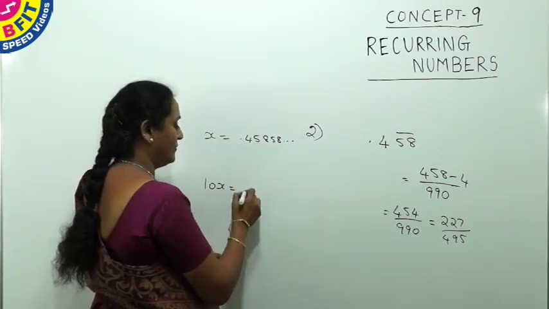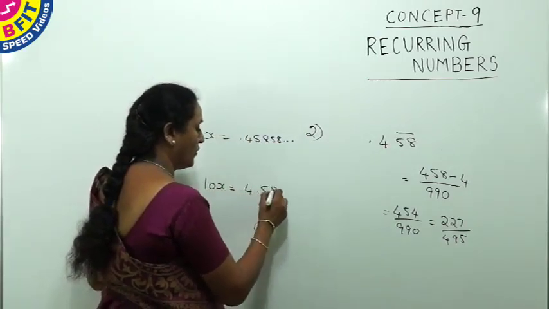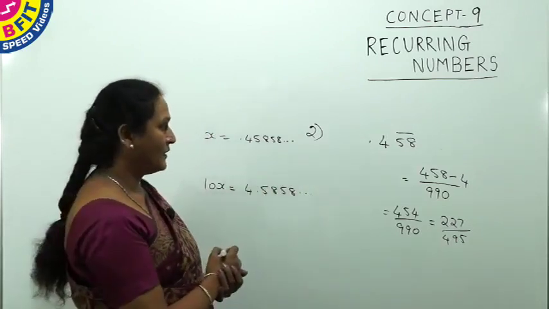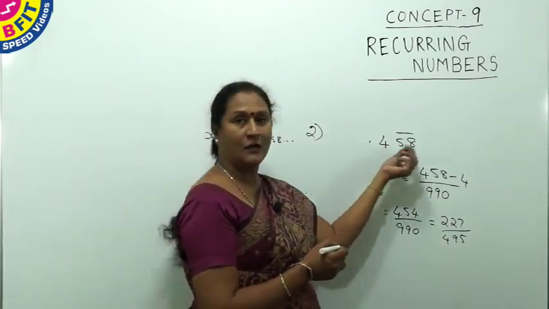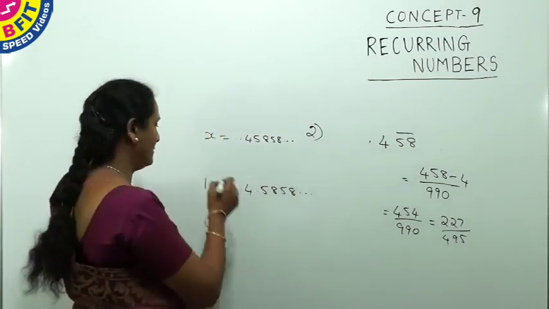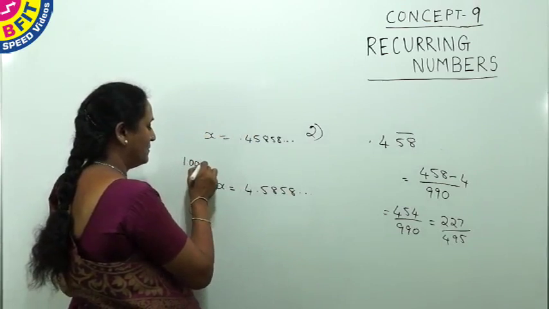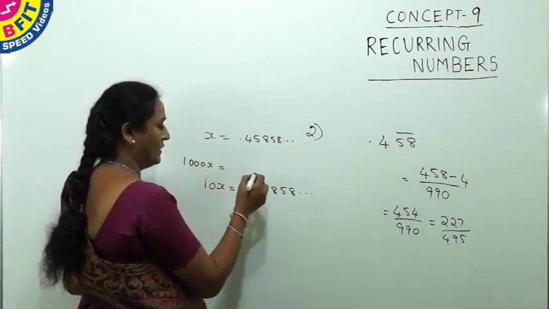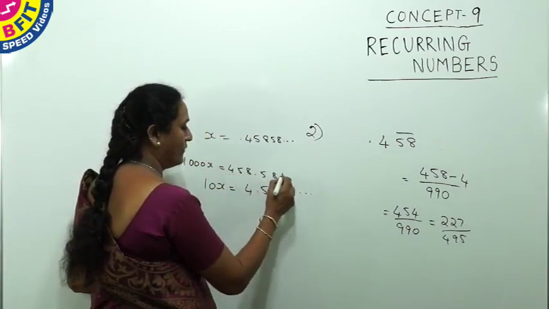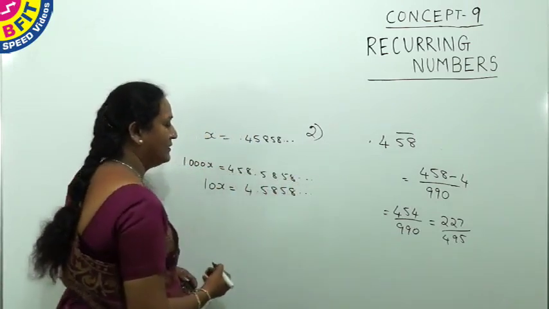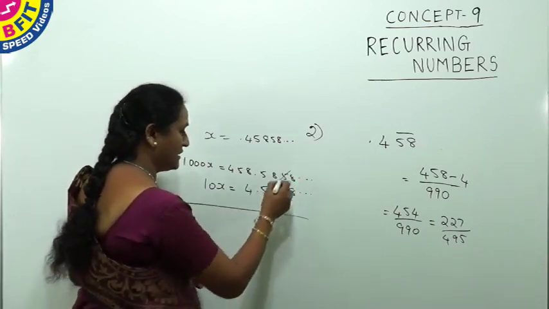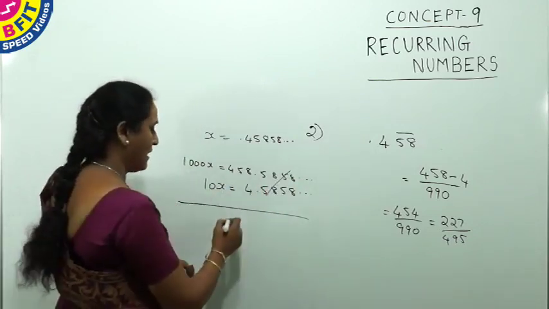So 10x will be 4.5858 recurring. And for the non-recurring and two recurring numbers, we'll multiply this x with 1000. So 1000x is equal to 458.5858 recurring. Now when we subtract, the decimal part gets cancelled.